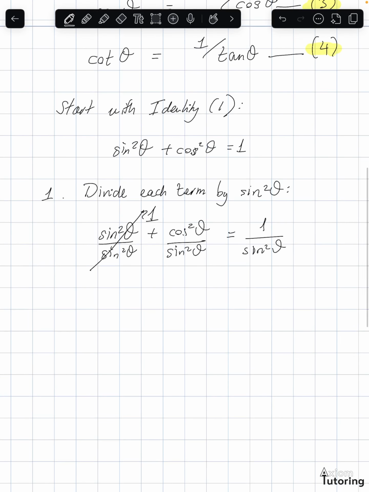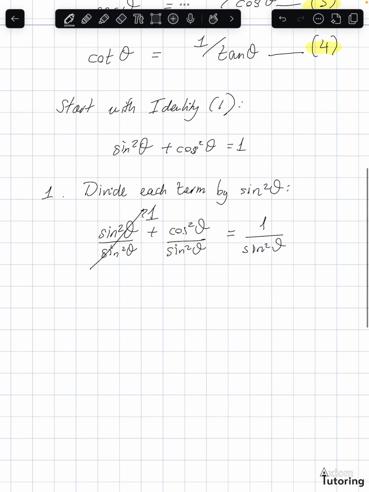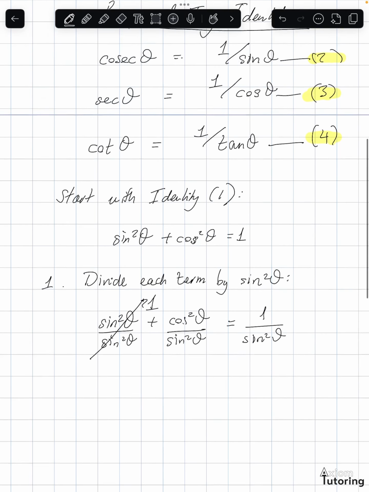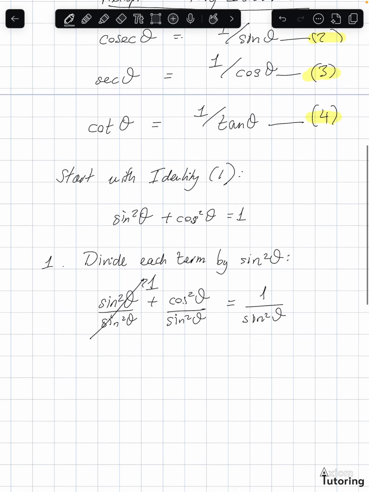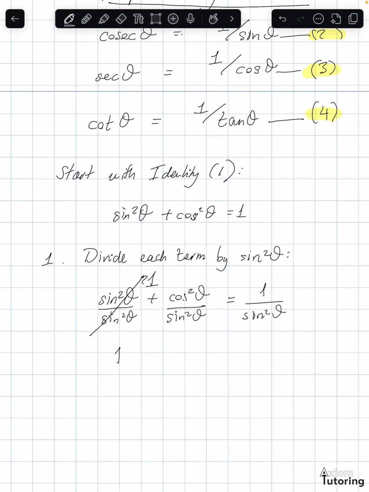But our last term here, 1 over sine squared theta, well, we've just defined 1 over sine theta as being cosec theta. So 1 over sine squared theta will just be cosec squared theta. Okay, so we can rewrite this as 1 plus cos squared theta over sine squared theta equals cosec squared theta.